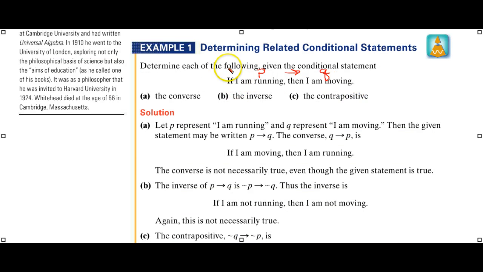As we look at example 1, we're asked to give the conditional statement and then the converse.